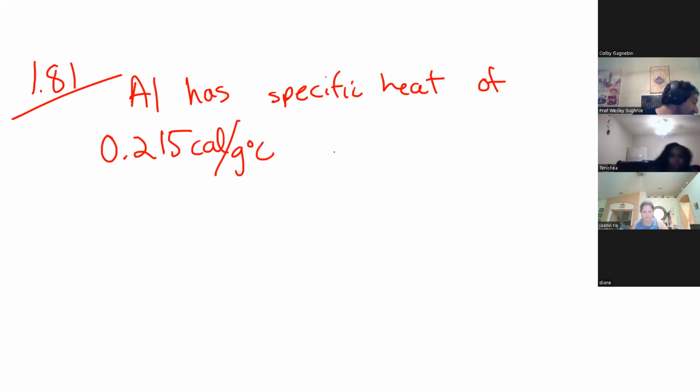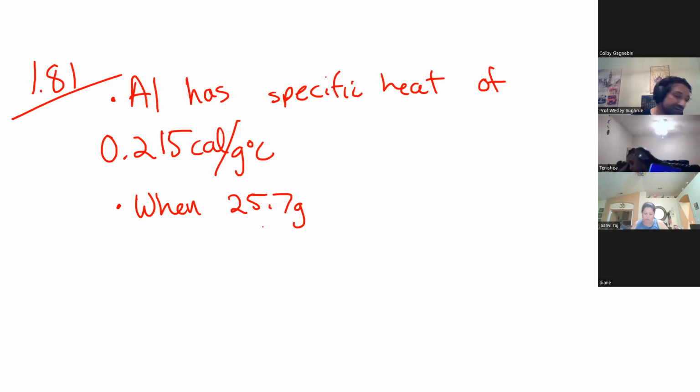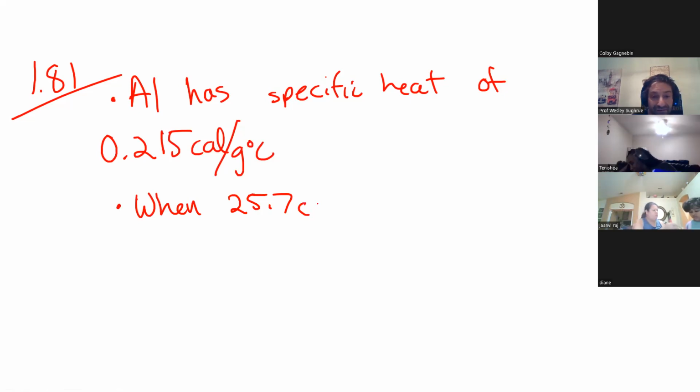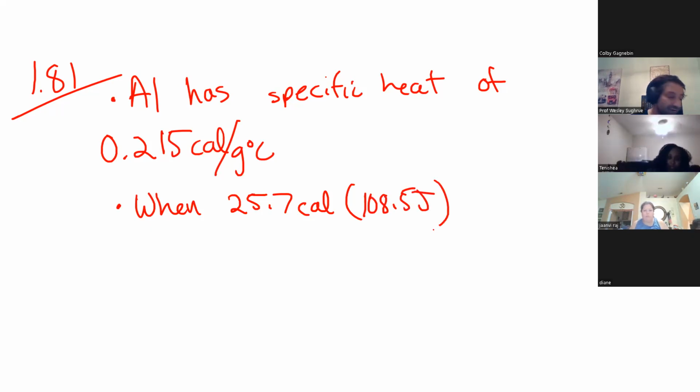I just need to know whether it was calories or joules. Okay, so that's the first piece of information we're given. We are told then, sorry, calories. My apologies. Reading too fast. 25.7 calories. And then in parentheses, they tell us that that is 108.5 joules.